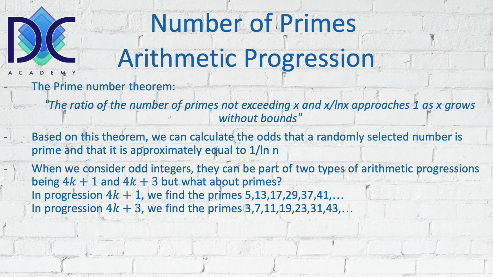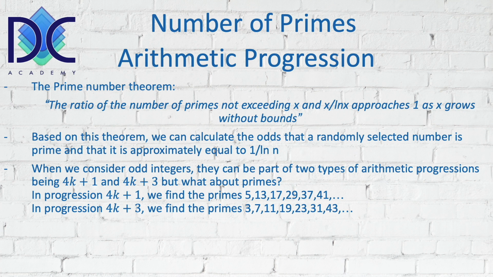But what when we put here k as being primes? So when we look at 4k plus 1, 2 plus 1 is 9, which is not a prime number, but let's say 3: 12 plus 1 is 13. We have 1, k can be 1, we have 5.